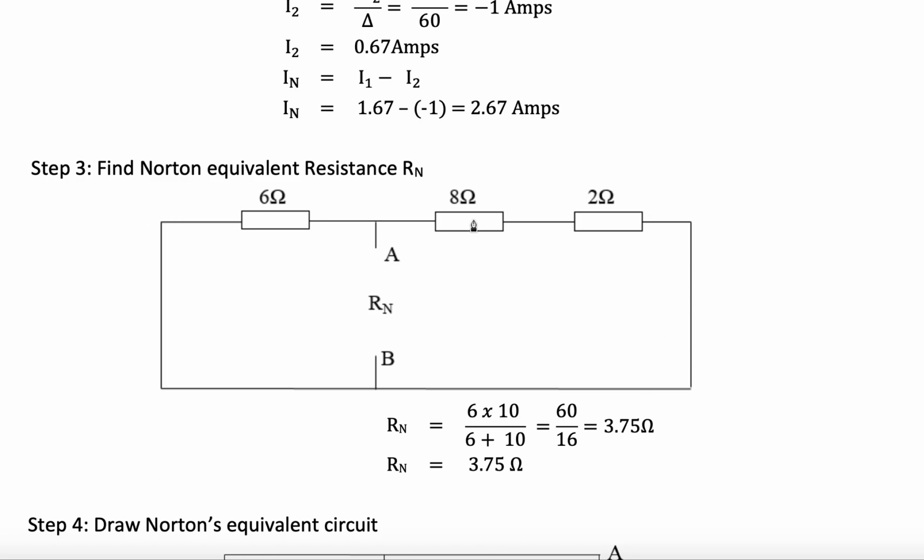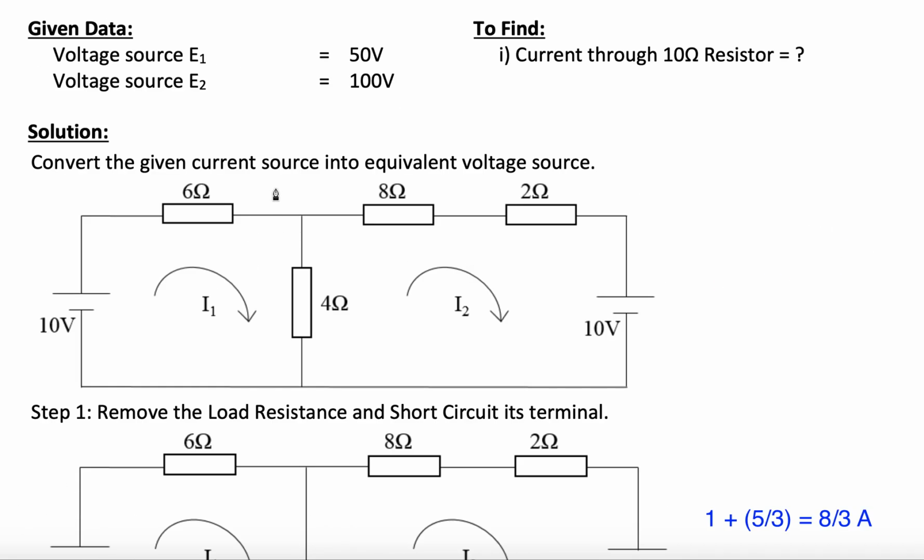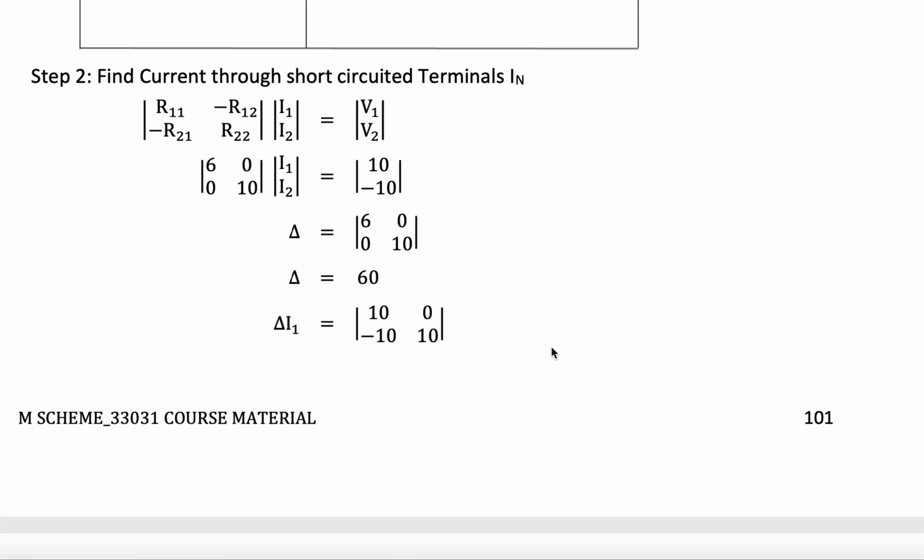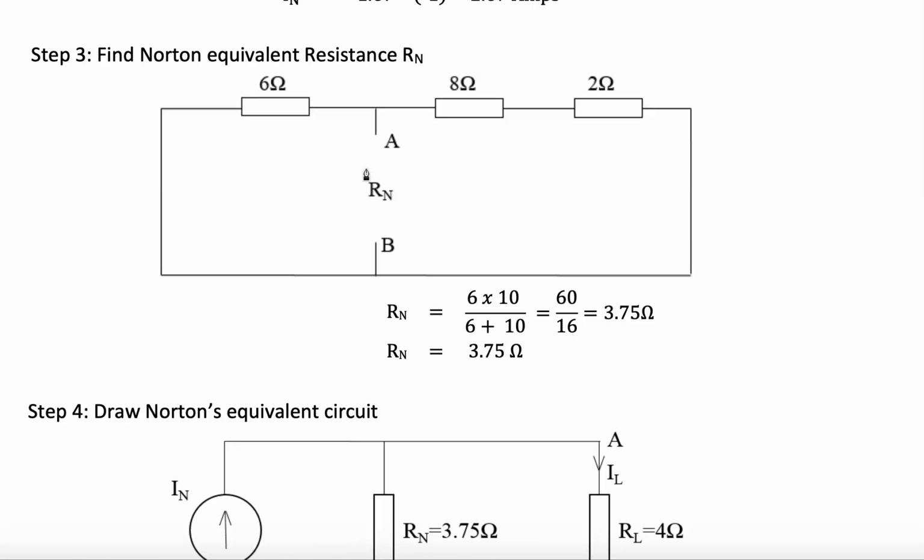Norton's resistance: open circuit this load resistor, then short circuit the voltage sources, 6 parallel 10. How can I say that these are in parallel? When you are trying to find the equivalent circuit across the open circuit load terminals, if you think these are in series, you're mistaken. Assume a fixed voltage source here and find the equivalent resistance.